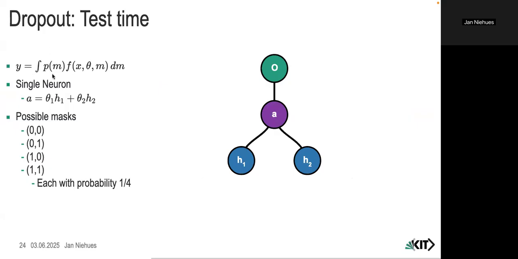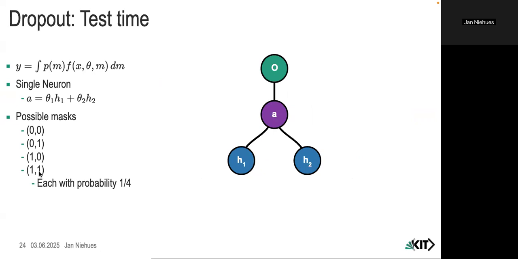We want to calculate the expectation over the possible masks. That's why we use the minimal example. Here it's still possible: there are 4 possible masks. We can mask nothing, we can mask everything, or we can mask one of each. So 0,0, 1,0, 0,1, and 1,1.